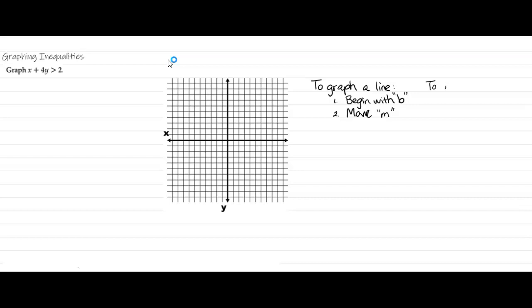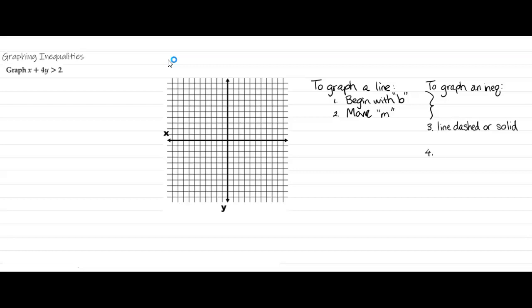Now, to graph an inequality, you're going to do these same steps, but we also need to decide if the line is dashed or solid.